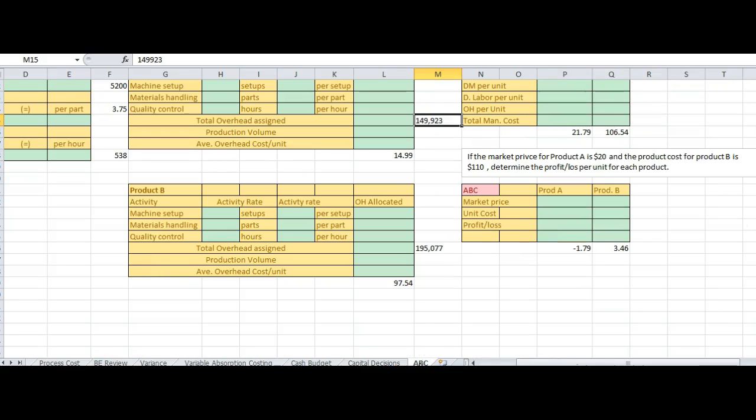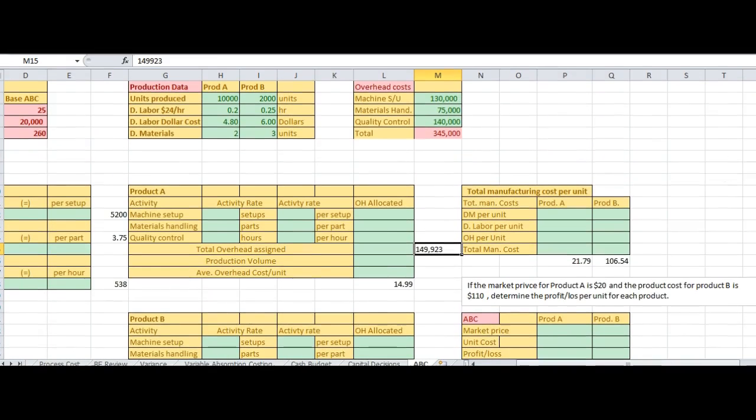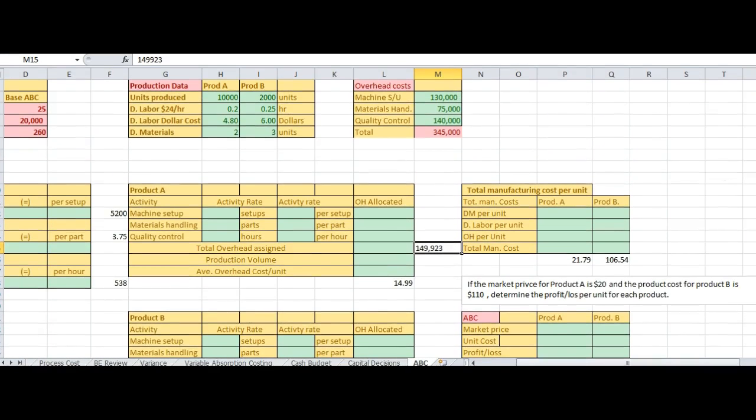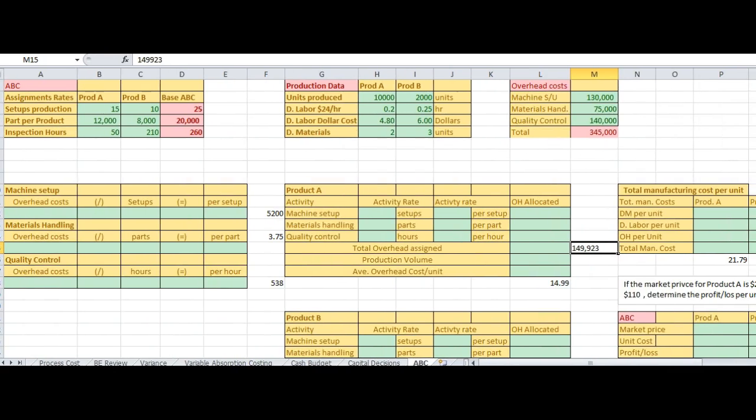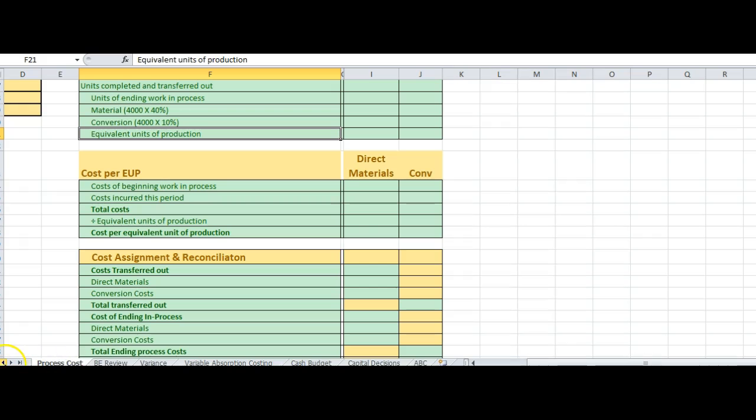So you should be able to pull this all together. Again, this is what we're learning. And the reason why you have so many different costing units is because there are so many different unique types of products out there. And costing is trying to assign costs to unique products for that industry.